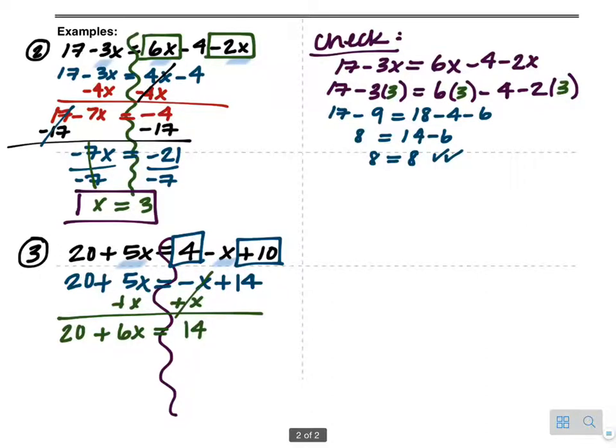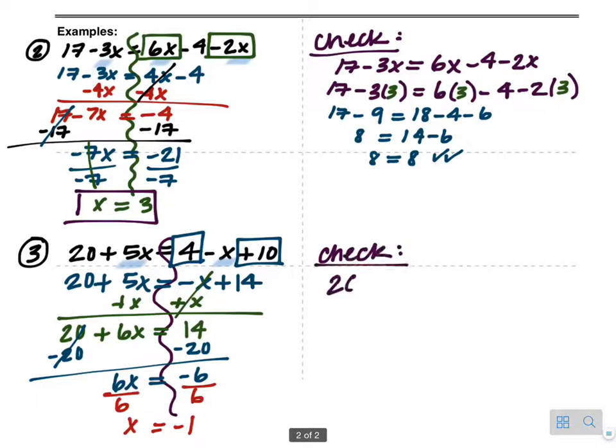And from here, I have a two-step equation, so I'm going to subtract 20 from both sides and get 6x is equal to negative 6. When I divide 6 on both sides, I'll find out that x is equal to negative 1. And we're going to go ahead and check it.